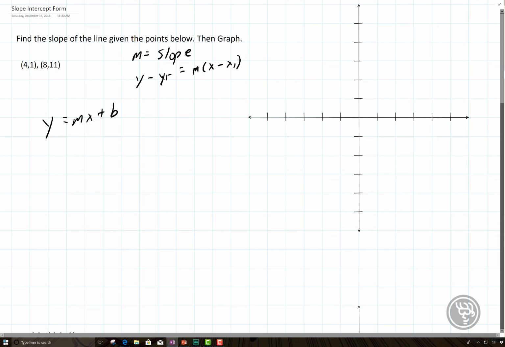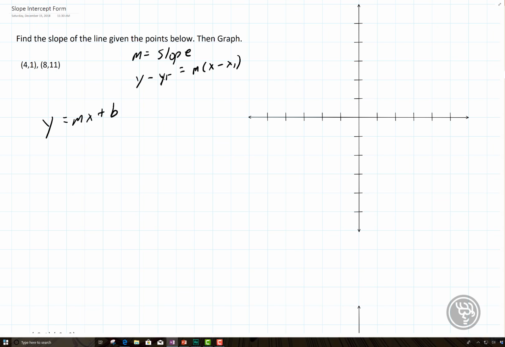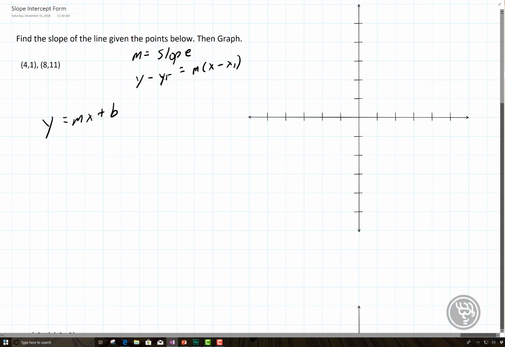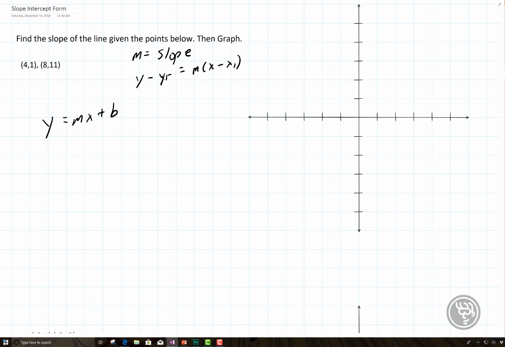Now, though the slope isn't directly given to you, you can derive it based on the information that you have. And this is one of the ways that tests usually find out if you actually know the concept and can use a lot of the formulas and ideas that they have shown you in their chapter. So you got to go ahead and use that formula.